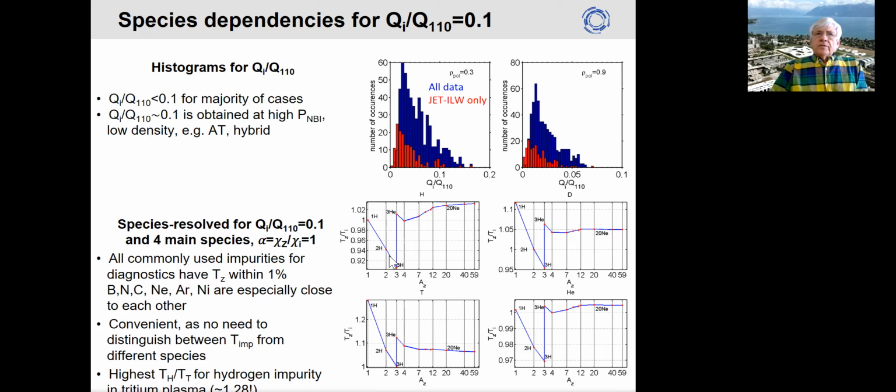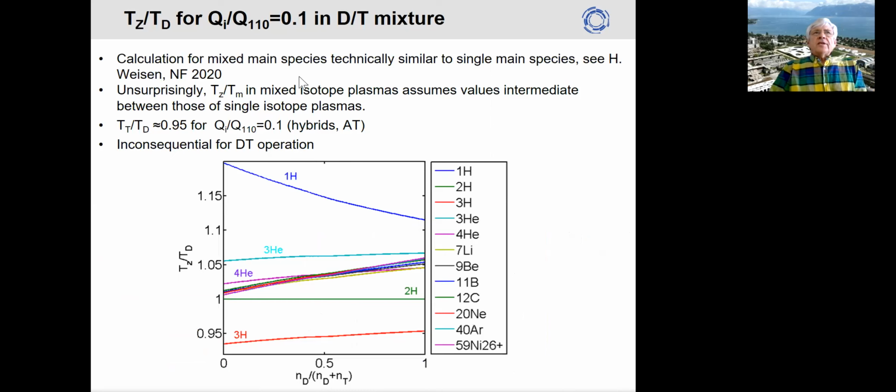Large differences always occur between the light species. The fact that these impurities here have virtually the same Tz over Ti is, of course, very convenient because we can just combine measurements from different medium to heavy impurities. The calculations for mixed main species like D and T is technically similar to single main species.